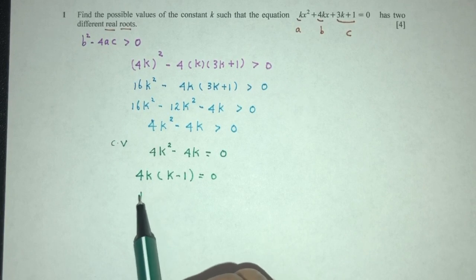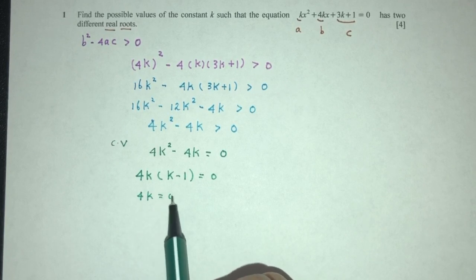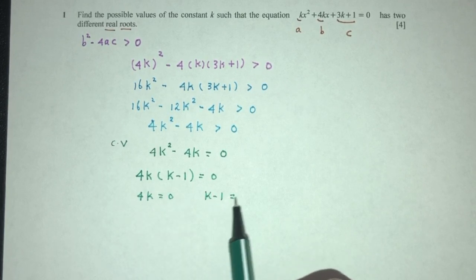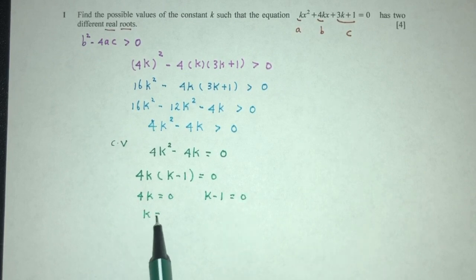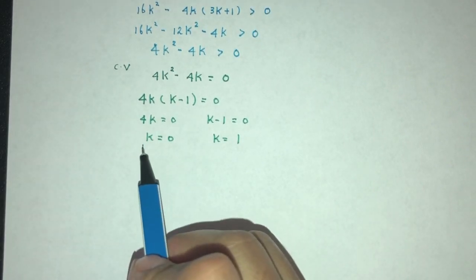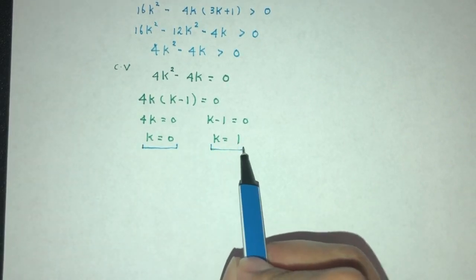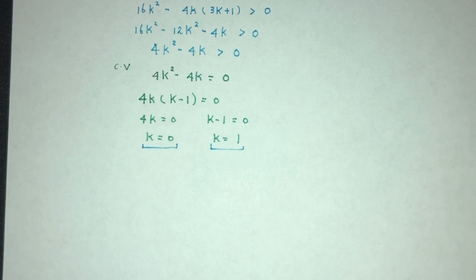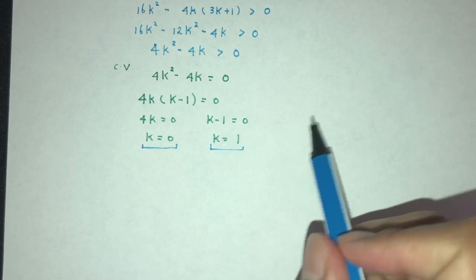So from here, 4k can be 0, or k minus 1 can be 0. k will be 0, and k will be the value of 1. Now, these are the critical values of k, which is not the answer. It is just the limits of our values of k.